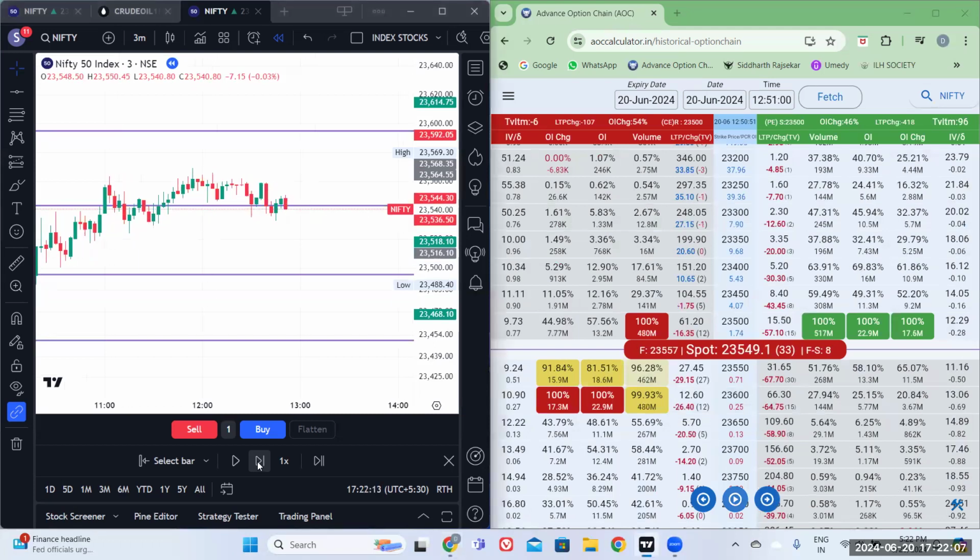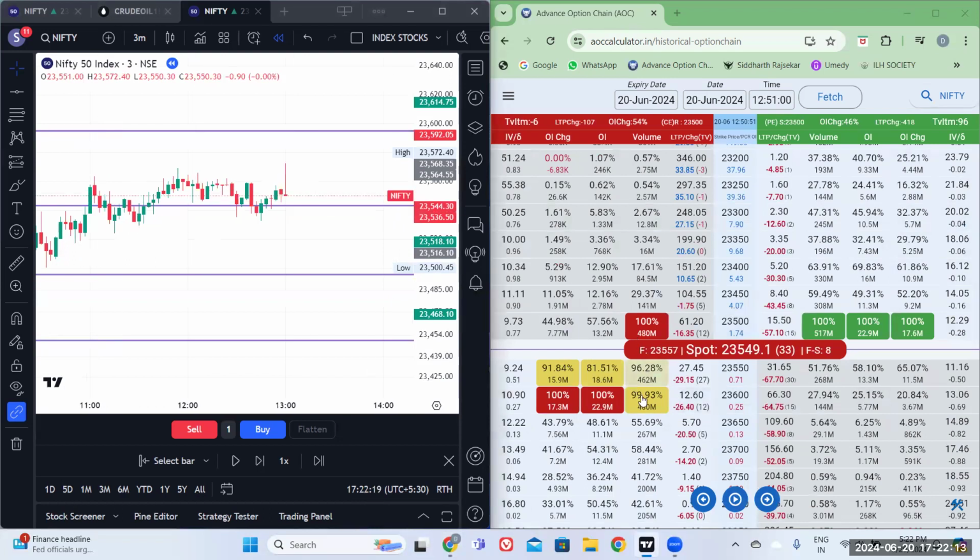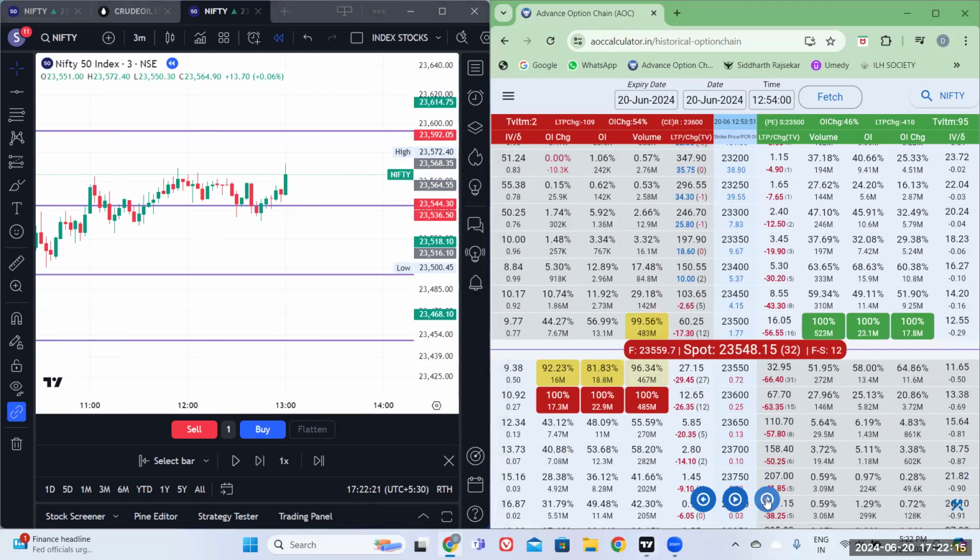And the trade continues because there is no danger yet. The weakness counts only after the shifting happens. Now let's see whether the shifting happens. Shifting happened. Now, since the shifting has completed from here to here, we could call this weak towards bottom at 23,550 at 12:54, somewhere here.